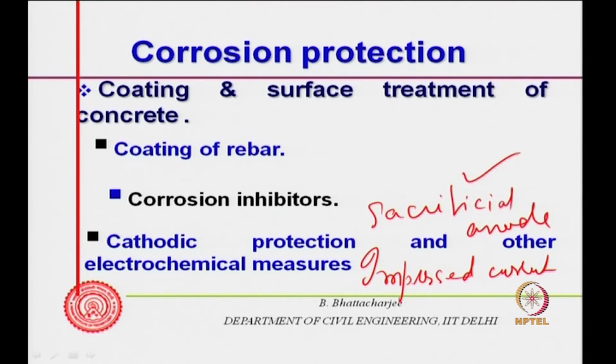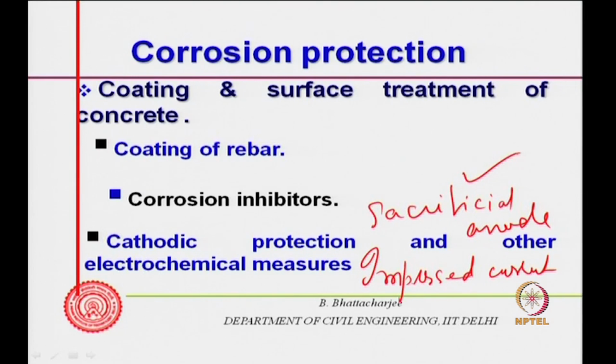This is used in metallic ships. So, you put aluminum, which is actually anodic compared to steel, and it is cheap, waste aluminum or whatever you can use. So, aluminum will be lost, but it will protect the steel. So, that is called sacrificial anode.